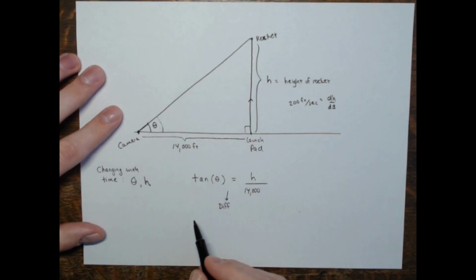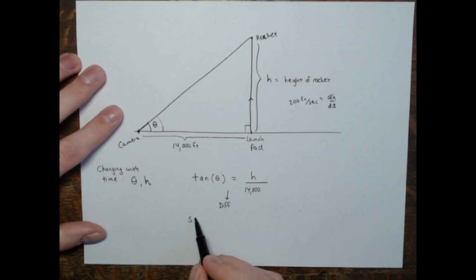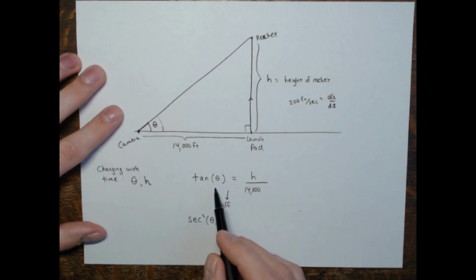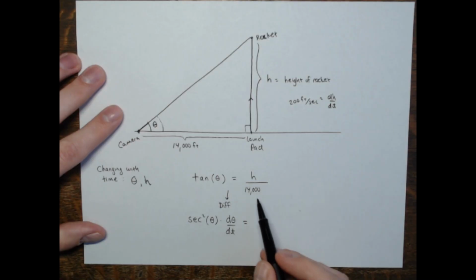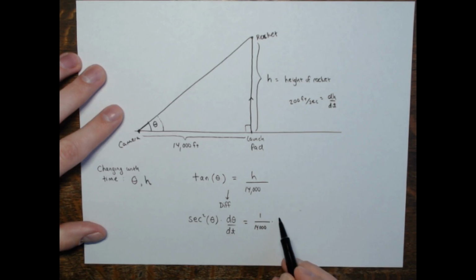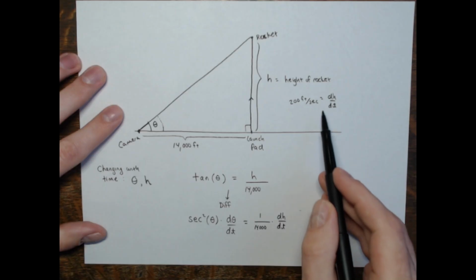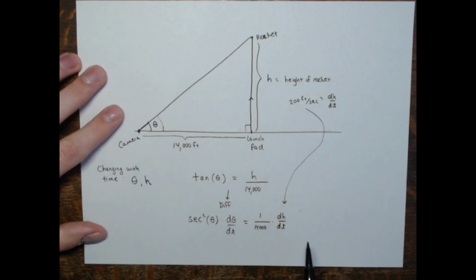So remember, the tangent of something, the derivative is the secant squared of that thing. But then, chain rule, times the derivative of the thing inside, so d theta/dt. And then the other side, 1 over 14,000 would stick around. That's the coefficient. Times, and then simply, dH/dt. Just the derivative of h. And we already know dH/dt.